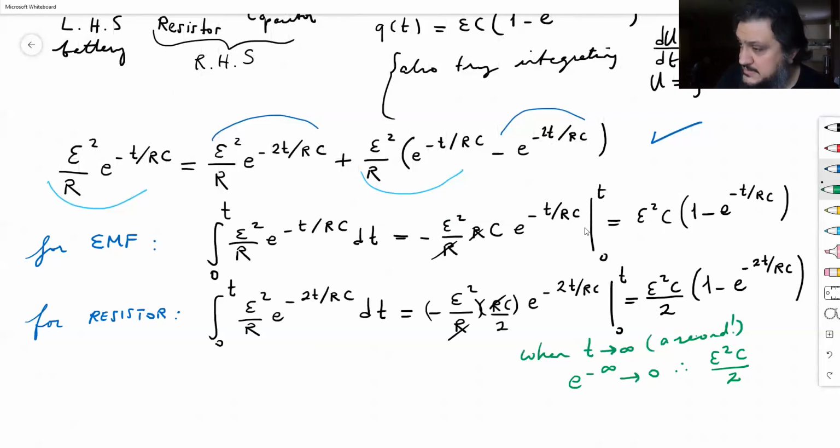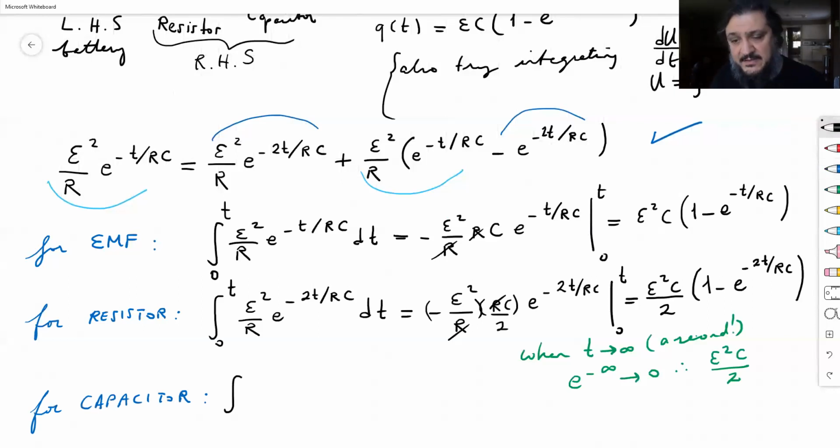That's what it means. So for the capacitor, I'm going to do my integration again and find an expression. But I know that if I take t to infinity for that expression, I will get E squared C over 2. I have to. That's what is left from the original energy.